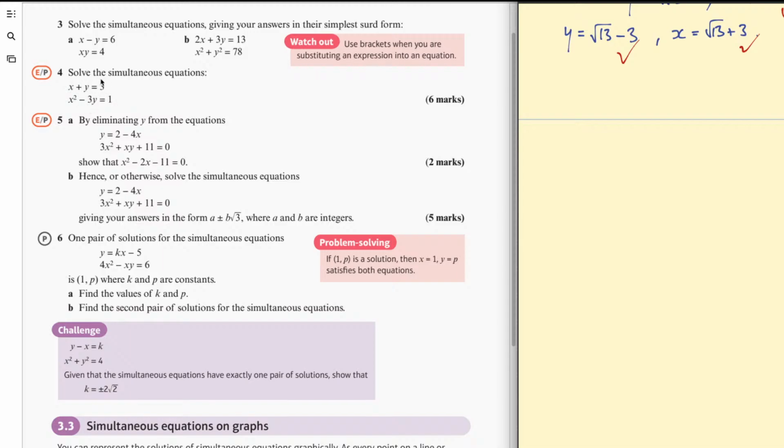Why is this 6 marks? I'm really curious as to why this is 6 marks now. What's so difficult about this one? You probably have to solve something with the quadratic equation maybe, or get a surd.